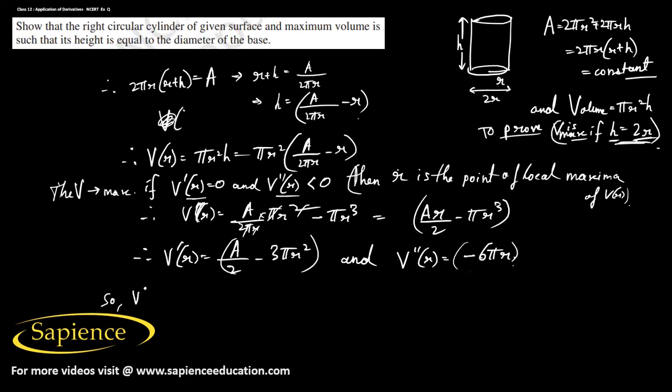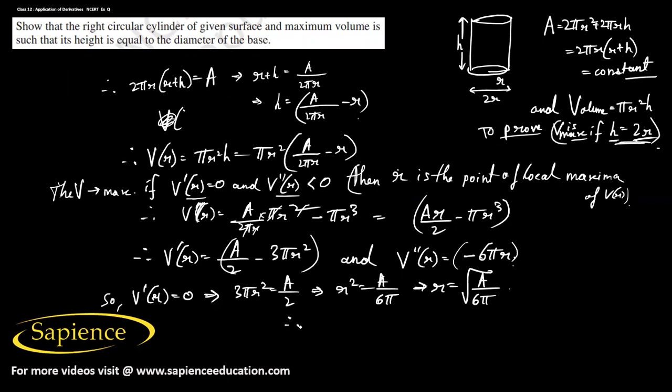So now v dash r should be equal to 0 at which point? Therefore 3 pi r square should be equal to a by 2. So it means that r square should be equal to a by 6 pi. So therefore r will be equal to root over a by 6 pi.